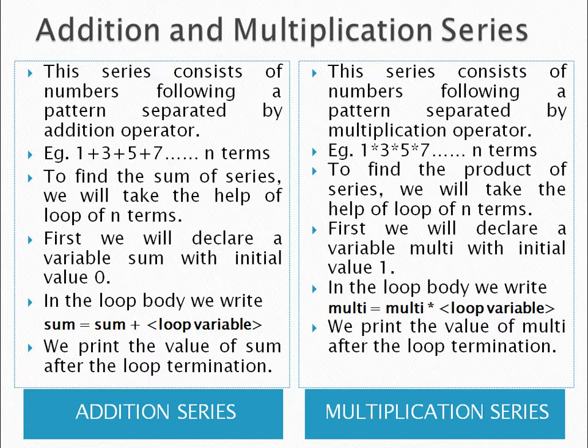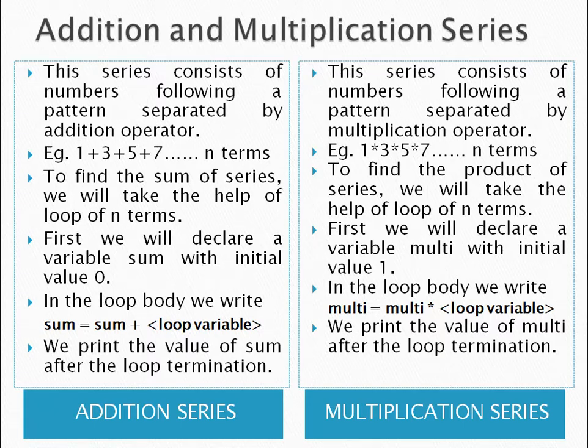So there is a particular relation between every two elements. After 1 there is 3, then after 3 it is 5, so the gap of 2 is maintained. So that's why it is called series. Okay, there must be a relation among the terms, otherwise you will not be able to solve it.